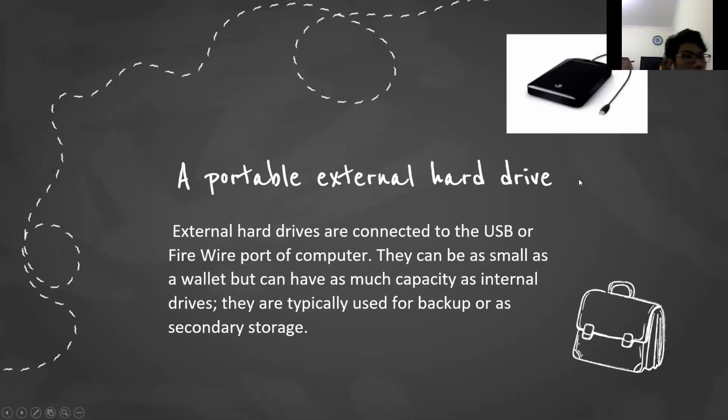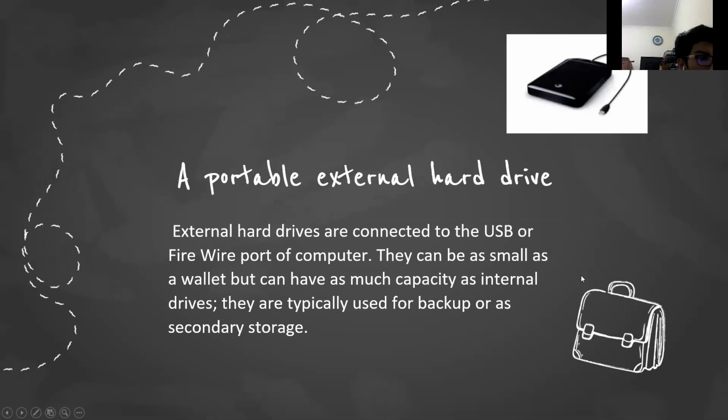And the next slide. So now, a portable external hard drive. The example is like we have provided above. External hard drives are connected to the USB or FireWire port of a computer.